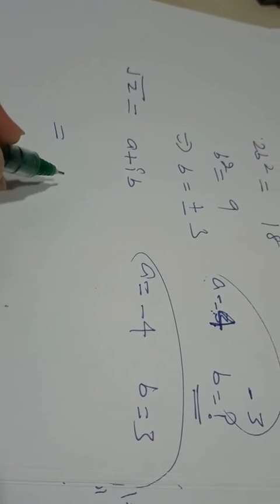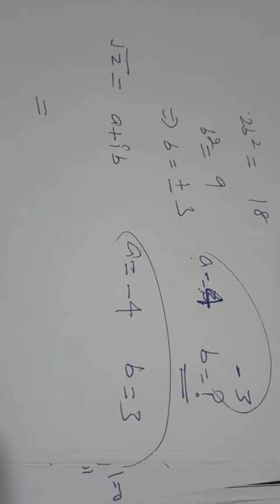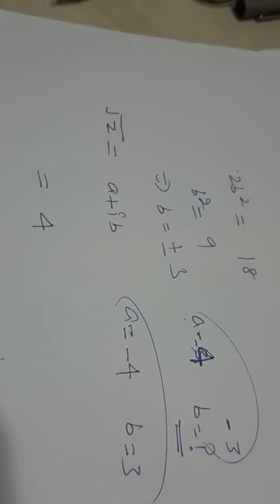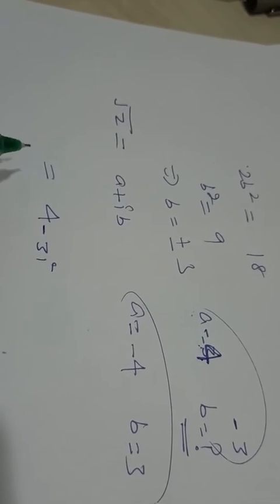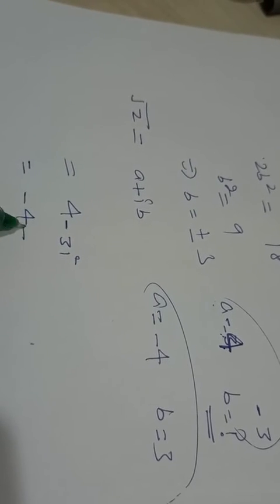So the number, if I'm taking a as 4, then the corresponding value is 4 minus 3 iota, and the other number you get is minus 4 plus 3 iota.